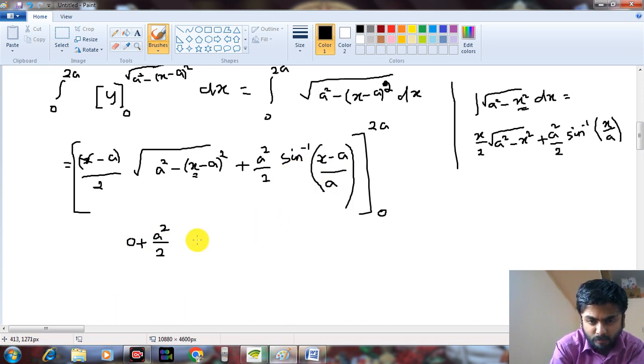Sine inverse of 1 is pi by 2. This is our upper limit.